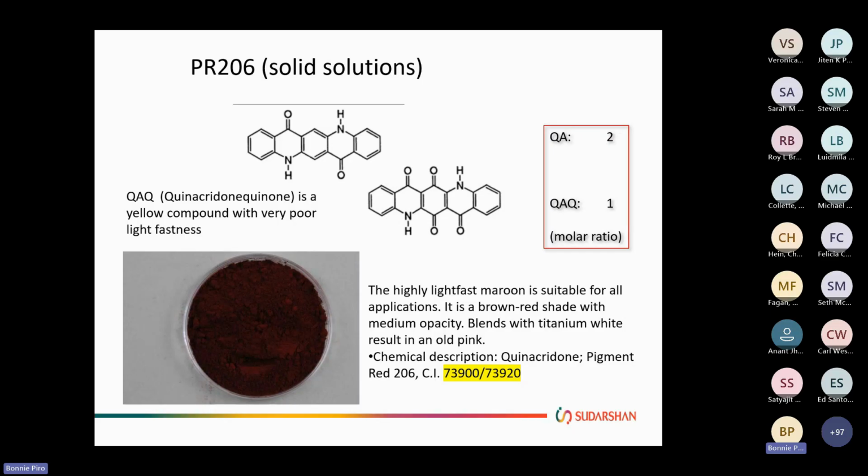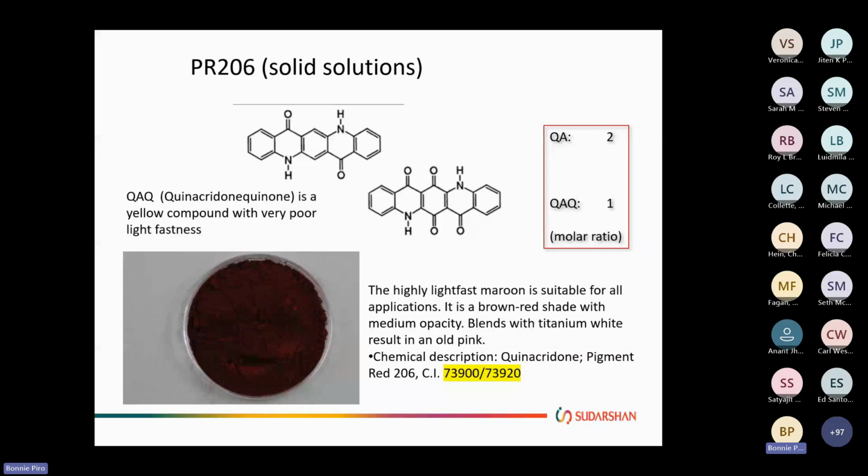So the solid solution in addition with the quinacridone brings that light fastness back in line to look like the quinacridone light fastness, which is very, very good. This results in a maroon color.